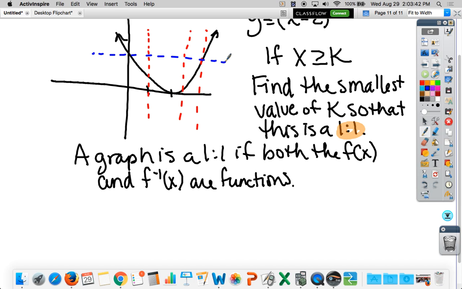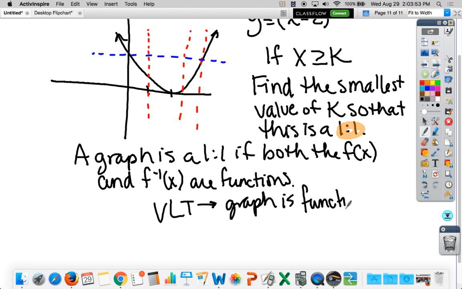So the vertical line test checks to see if the graph is a function. The horizontal line test checks to see if the inverse is a function.